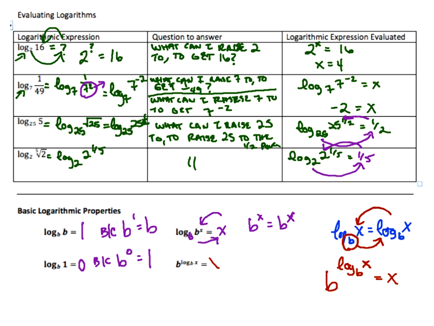So this is x here, and that's the reason why. Anytime you raise a base to a logarithm of the same base, your answer will always be whatever's sitting in the of position of the logarithm, in the exponent.